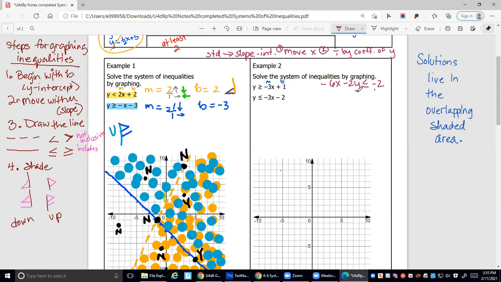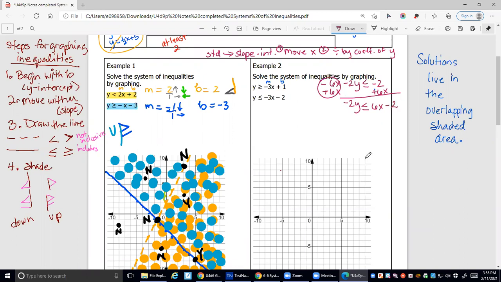So what I want to do here is move x by adding 6x to both sides. Are we okay with this? That will zero out, and we're left with negative 2y less than or equal to 6x minus 2.